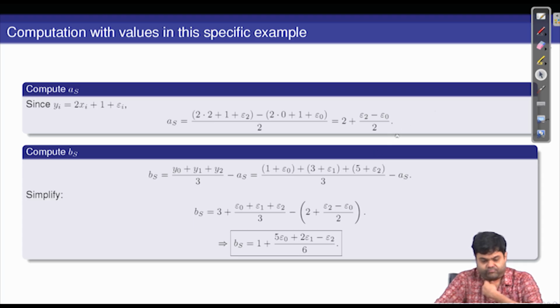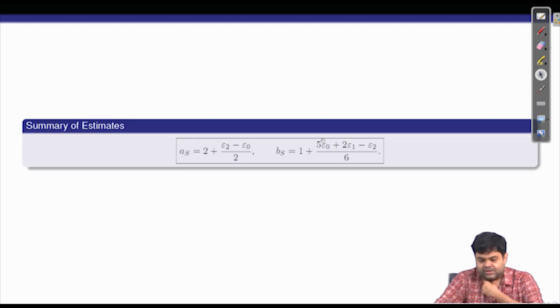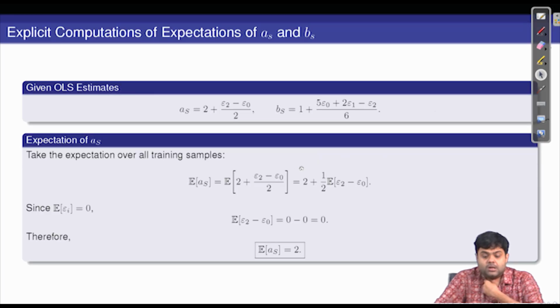From there also you can calculate the value of b-hat. So you have a value for a-hat in terms of epsilon here, and a value for b-hat in terms of epsilon here. So this becomes your summary of the estimate. Now, when you are taking the expectation over all samples, this becomes the expected value of this thing over all samples.